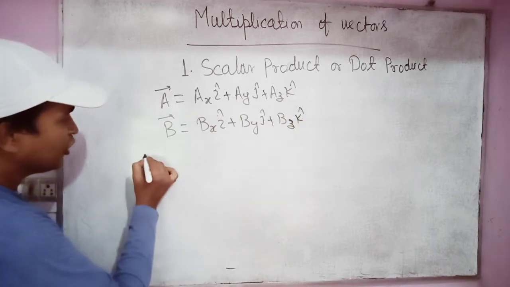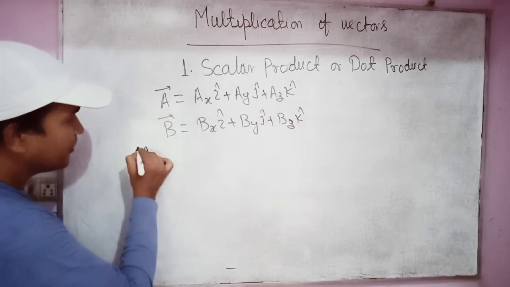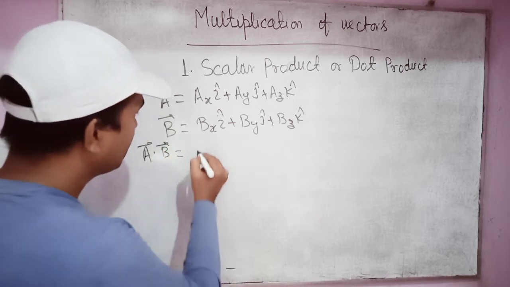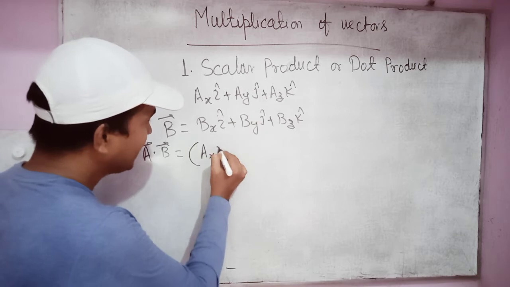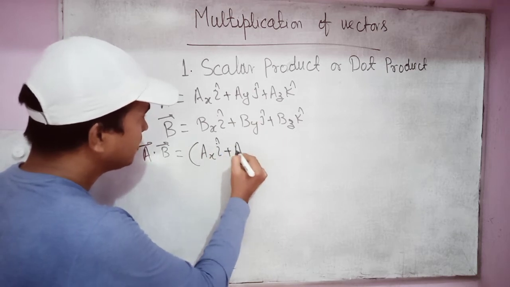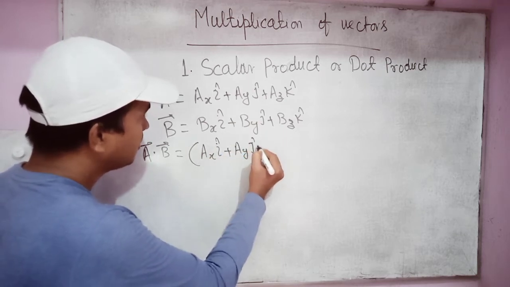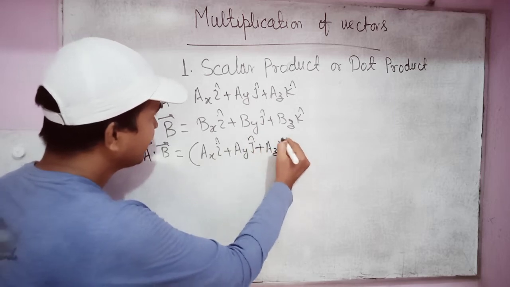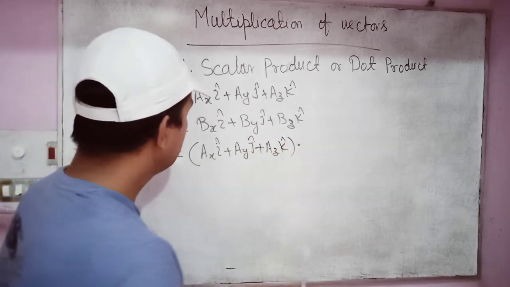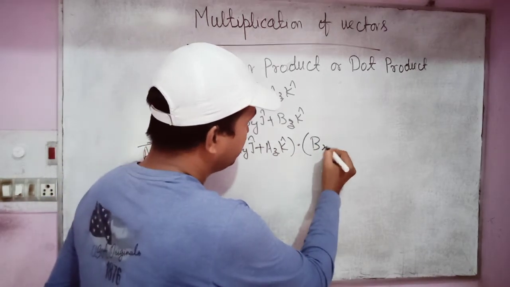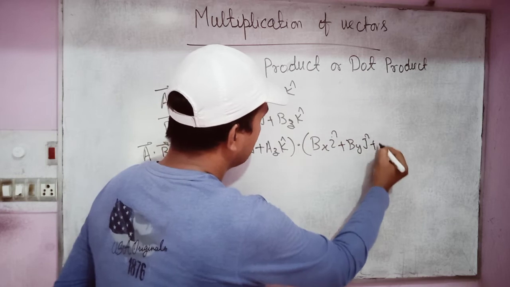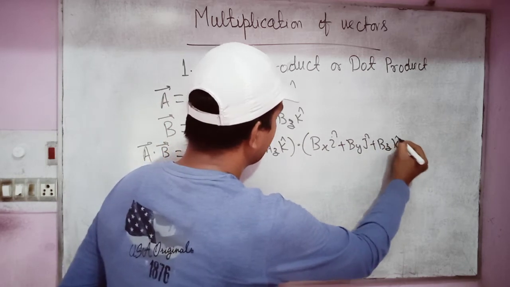So what is A dot B? We have to find vector A dot vector B. This is equal to (ax i cap plus ay j cap plus az k cap) dot (bx i cap plus by j cap plus bz k cap).